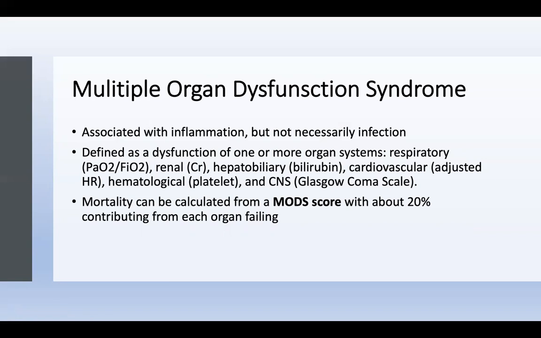You should be familiar with the MODS score, which is calculated by the degree of dysfunction of a number of different organs: respiratory, renal, hepatobiliary, cardiovascular, hematologic, and CNS. And of course, the higher the MODS score, the poorer the prognosis is.